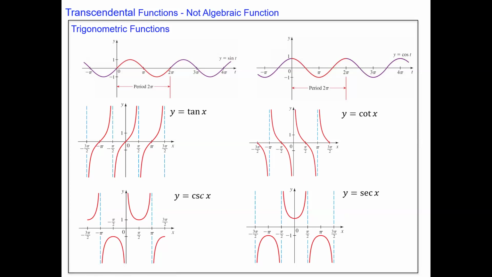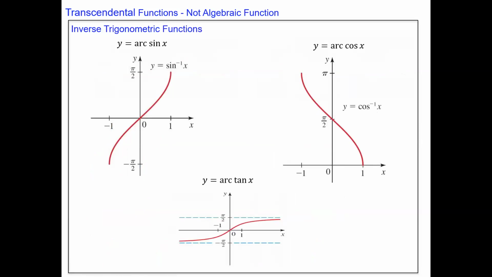And then we have inverse trigonometric functions, inverse sine, which we can also call arc sine of x, arc cosine, and arc tangent. We may use the inverse notation, but we are just alternating. We will also talk about this later.